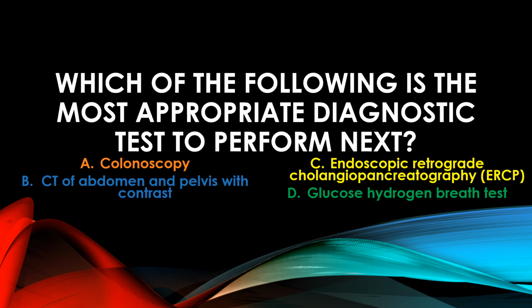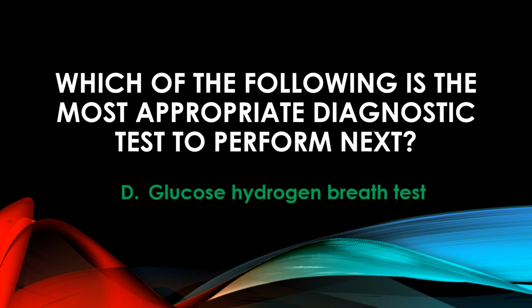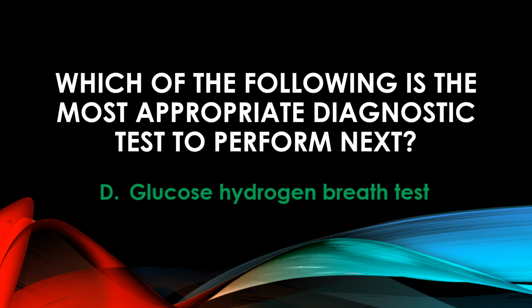Which of the following tests is the most appropriate for this case to do next? Take a breath and answer before you see the answer here. You can stop the video here and search, and the answer is glucose hydrogen breath test.